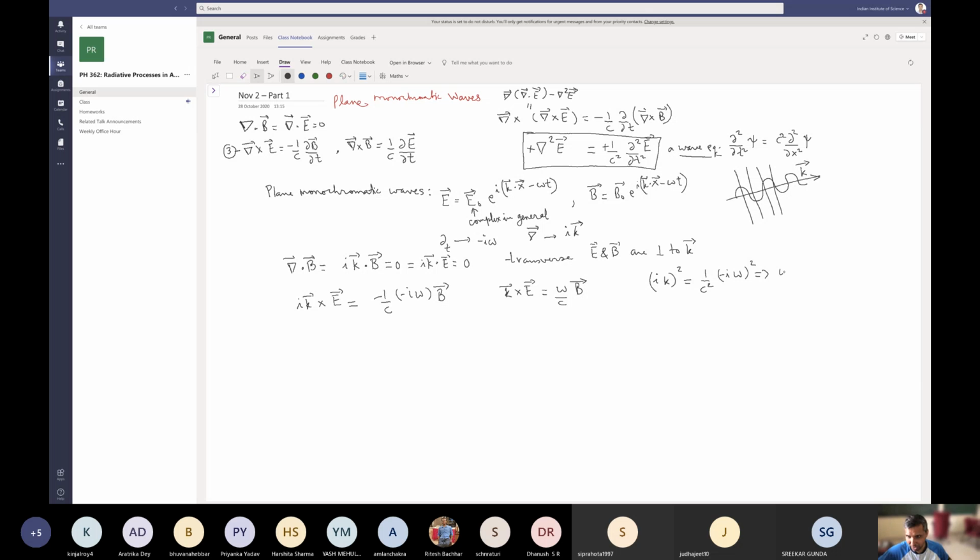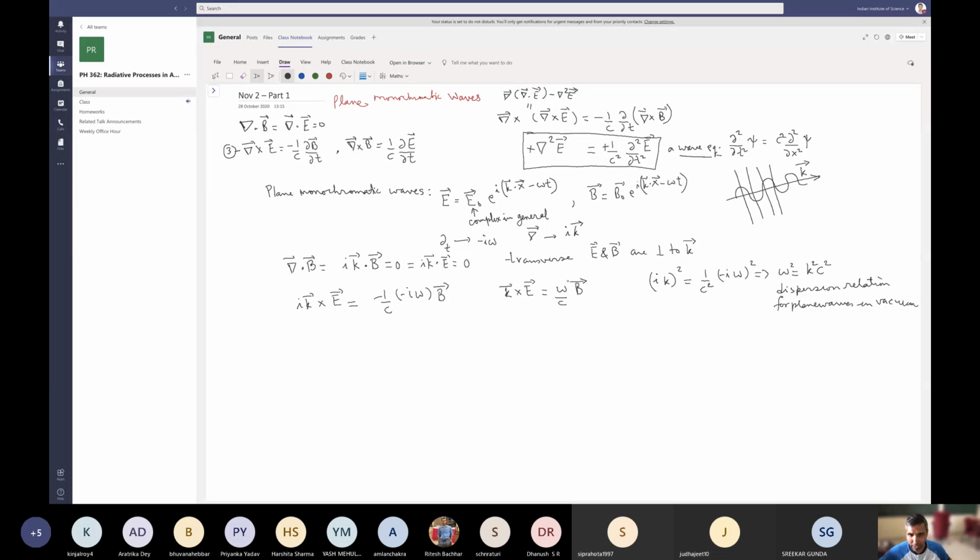Basically, this is omega squared equals k squared c squared. So this is the dispersion relation for plane waves in vacuum. Okay, the relation between the frequency and wave number is called a dispersion relation.